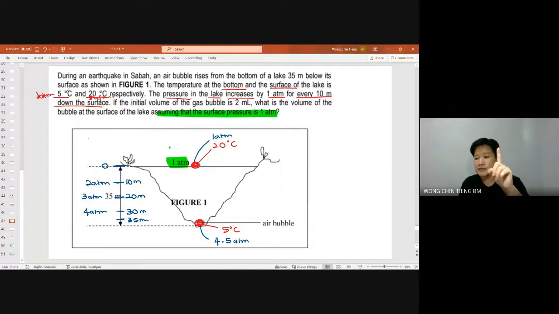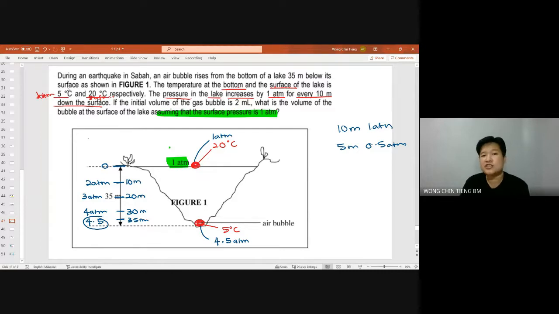Kalau 10 meter 1 atm, 5 meter akan jadi 0.5 atm. So over here is 4.5 atm. Agree? Yang ni je susah.